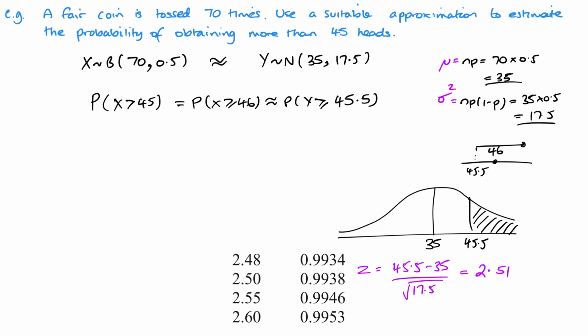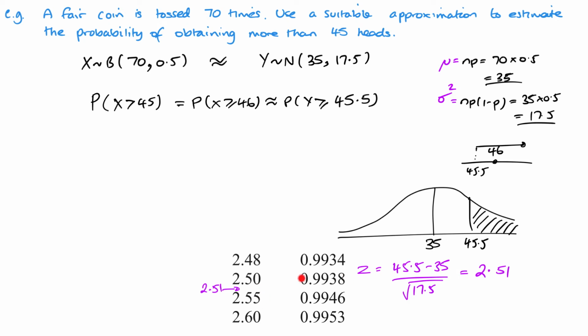Now, what do you do if you get yourself into this kind of situation? Well, the easiest thing to do is to roughly work out what that 2.51 is. Between this and this, there are obviously 5 values. So all I've done is find the difference between these two, this one take away this one, divide it by 5, splitting it up into 5.